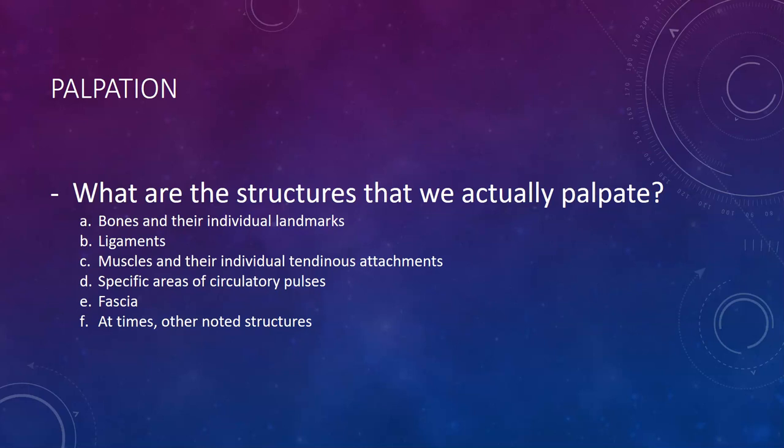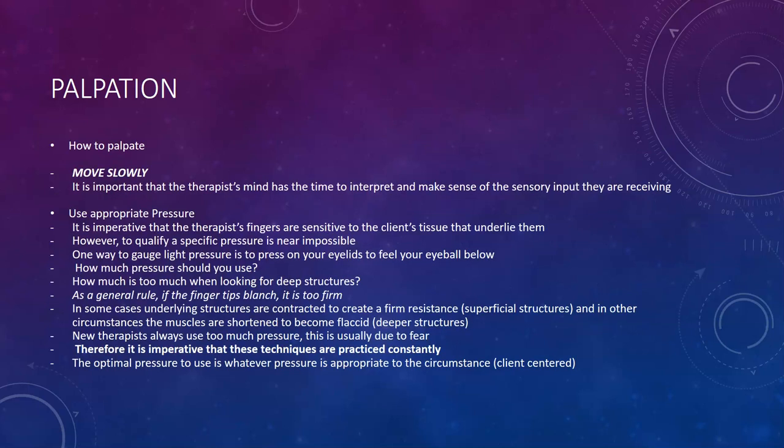We can palpate for specific areas of circulatory pulses, like the one on your wrist, your neck, your carotid artery, and so forth. Fascia would be a long talk in the other class, the A&P class, but fascia seems to be the number one discussion right now in massage therapy, that we think this is what we affect the most, a type of tissue that we find in the body. And there can be other structures as well, sometimes particular nerves as an example.